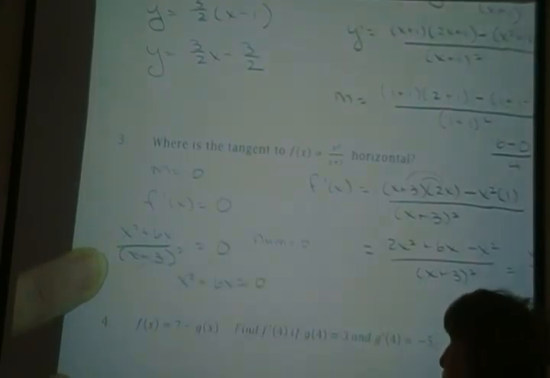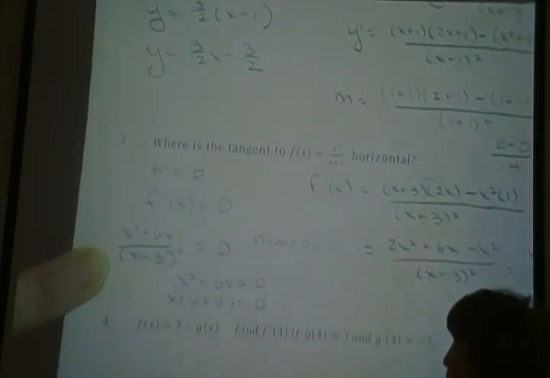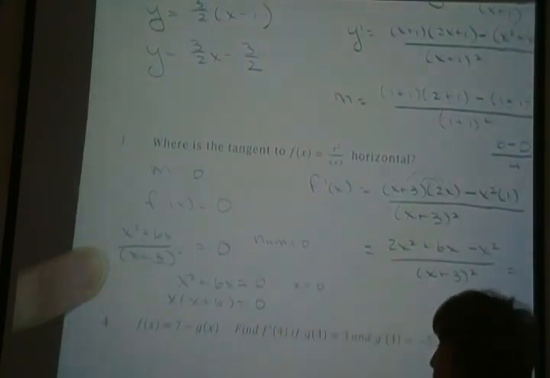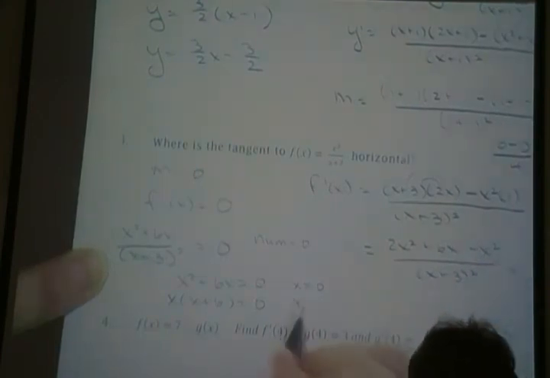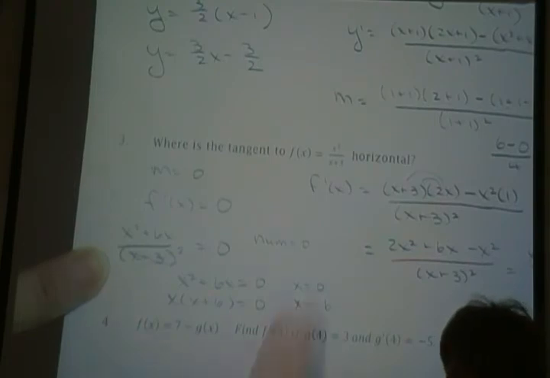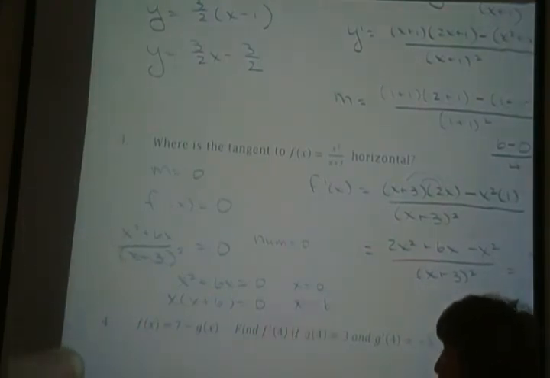And hopefully you remember from algebra class, the only way to do that is to factor out an x, and then look at the two factors that you have, x and x plus 6. So that means that if x is 0, the whole thing will be 0, and if x is negative 6, the whole thing will be 0. Neither of those two values makes the denominator 0, so I don't have to worry about that.